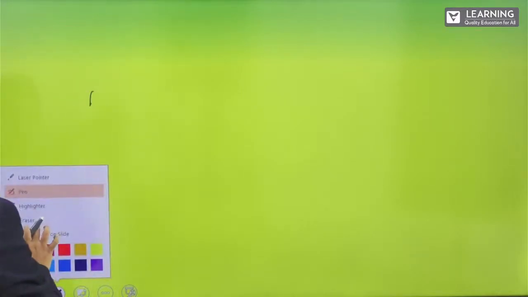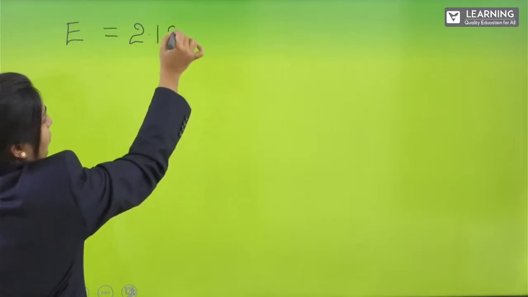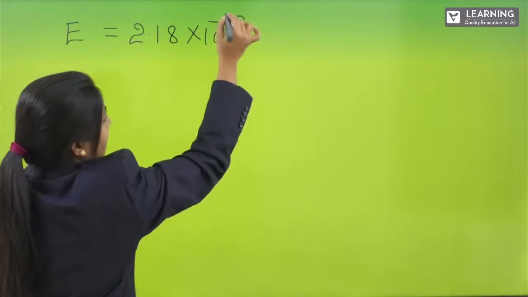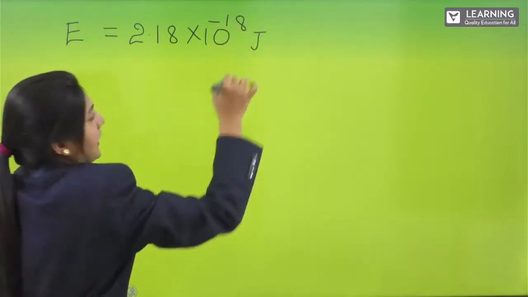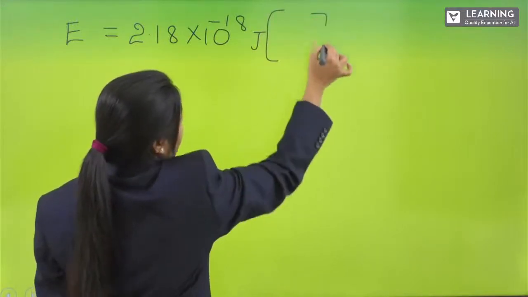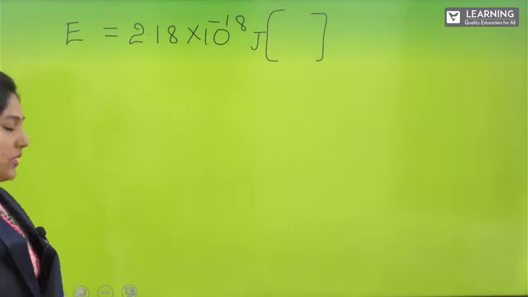So if you see, E is equal to the Rydberg constant, 2.18 into 10 raised to minus 18 joules, into, in the bracket, what we have to take here, 1 by n1 square, right?